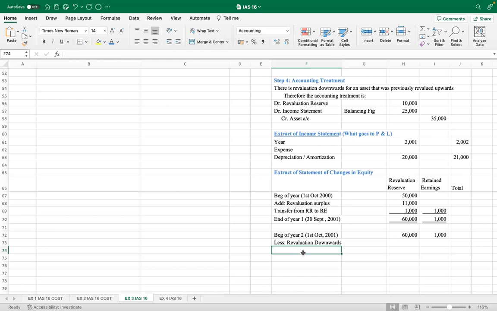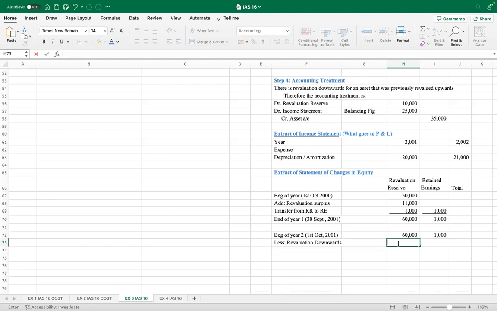Now, in the revaluation downwards, I'm just trying to see how to best account for it. Revaluation downwards, we have the amount of revaluation downwards, which was being transferred from revaluation reserve, was 10,000.